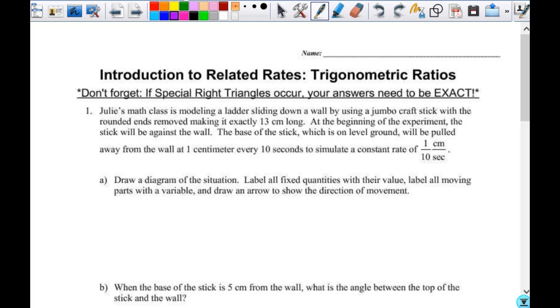And it says label all fixed quantities. What is a fixed quantity? What would make it a fixed quantity?